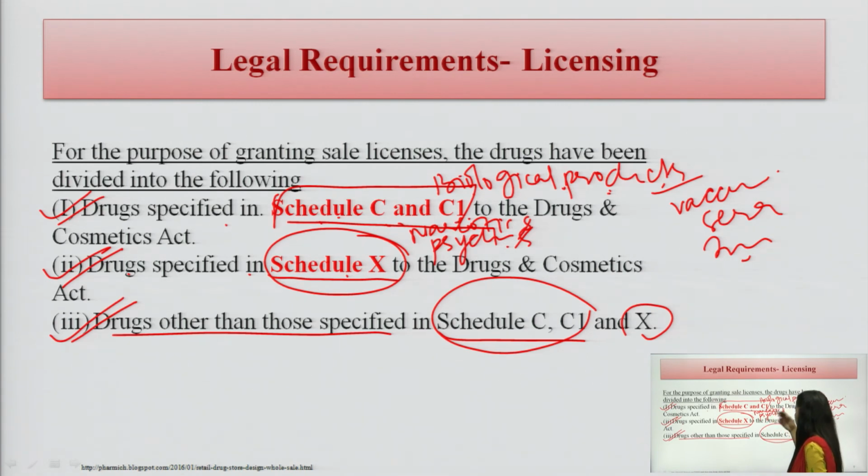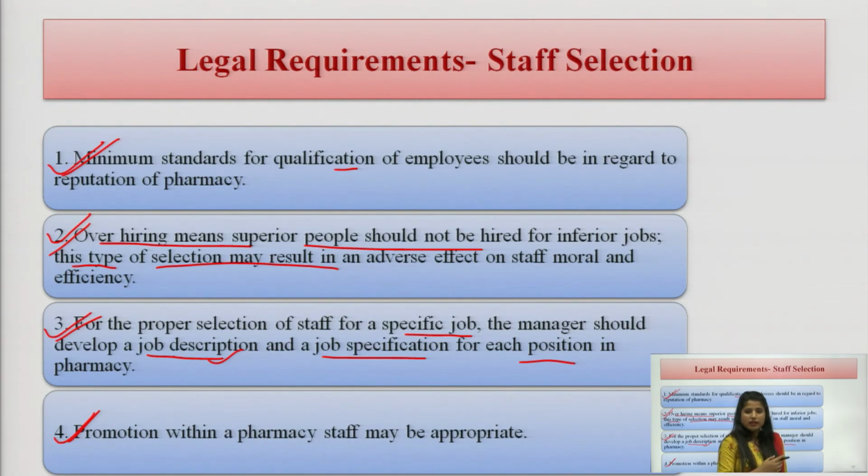There is a form, and after filling the form, we get the schedule C and C1 license for selling or purchasing that drug. Then schedule X means narcotic and psychotropic substances. Another is for those drugs other than biologicals and other than narcotic and psychotropic substances. These are the license criteria.